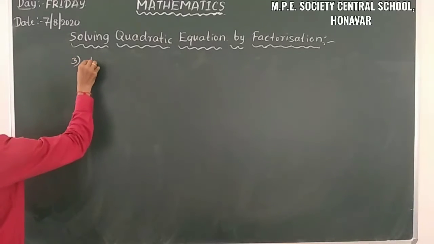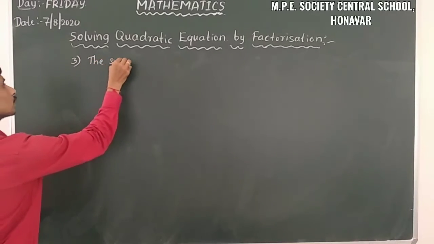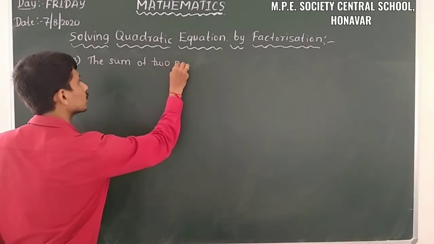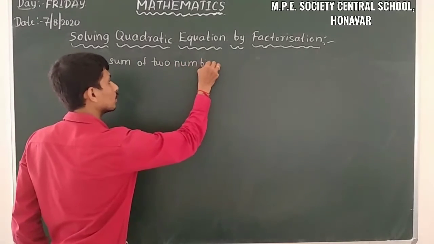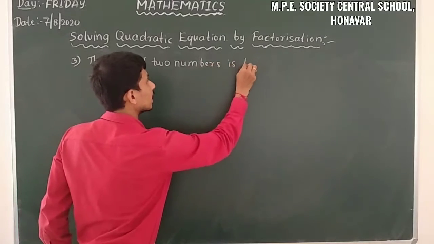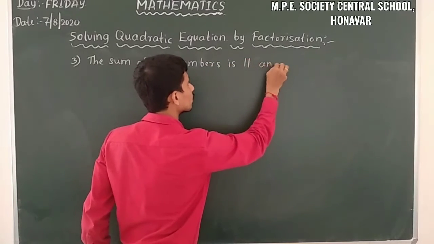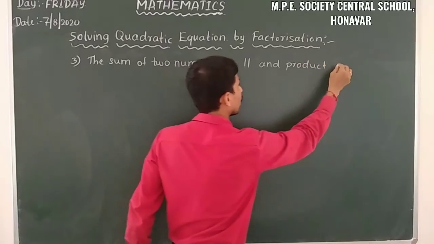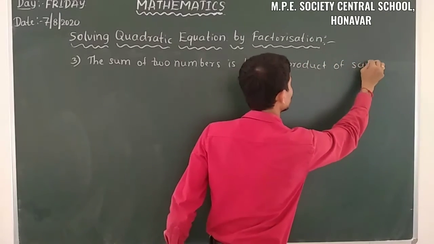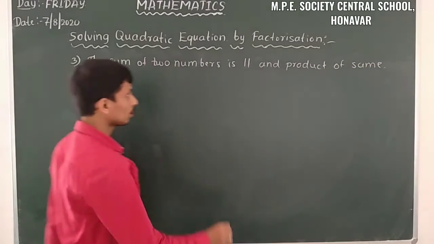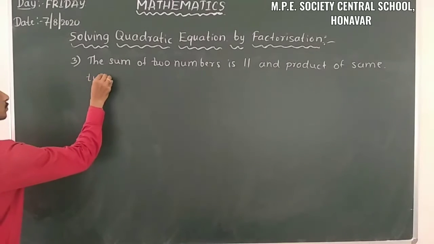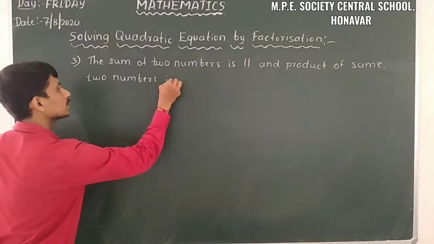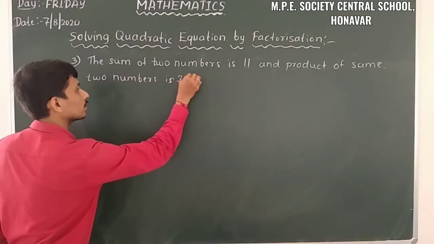Third problem: the sum of two numbers is 11 and the product of the same two numbers is 30.